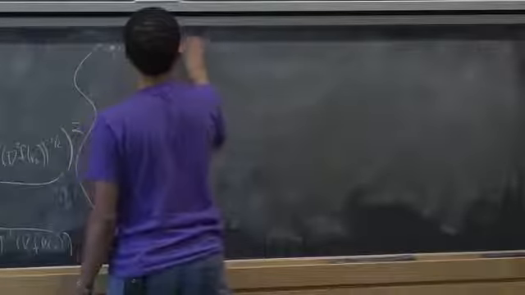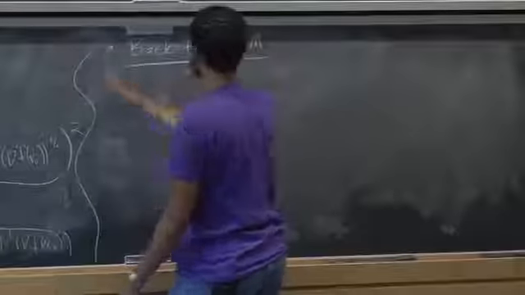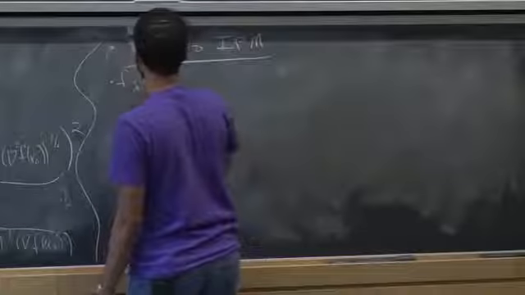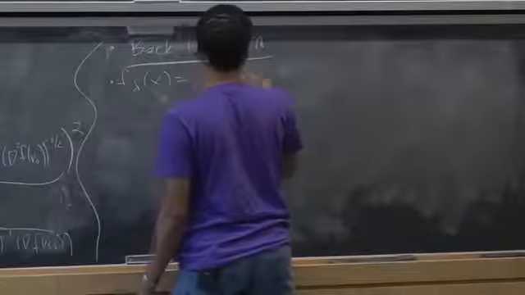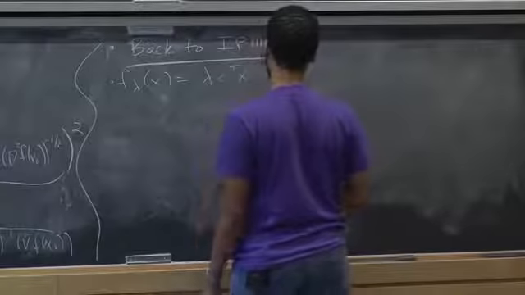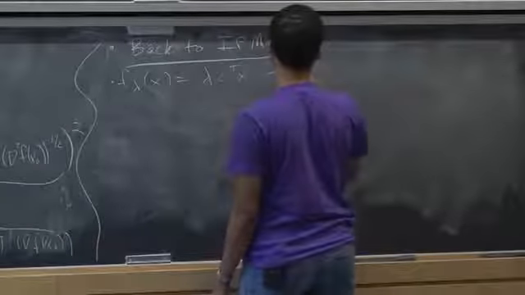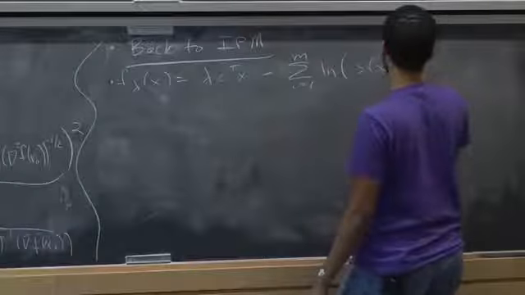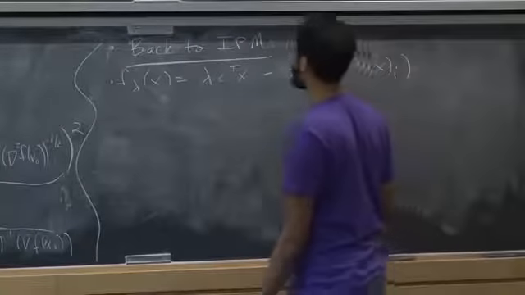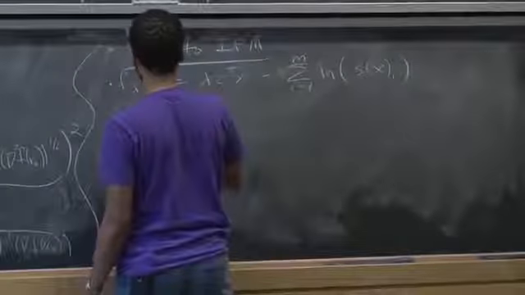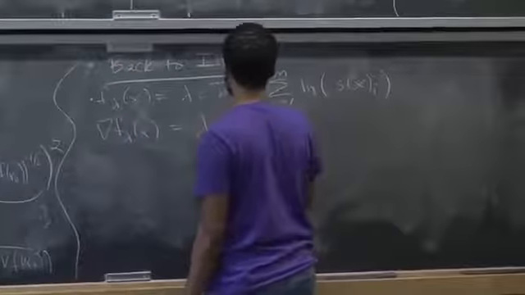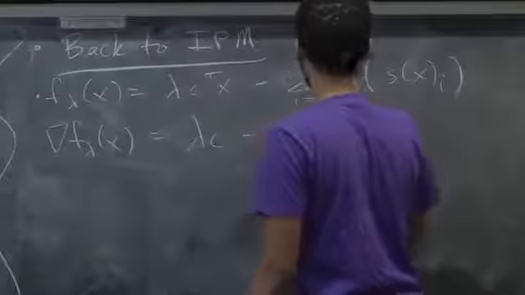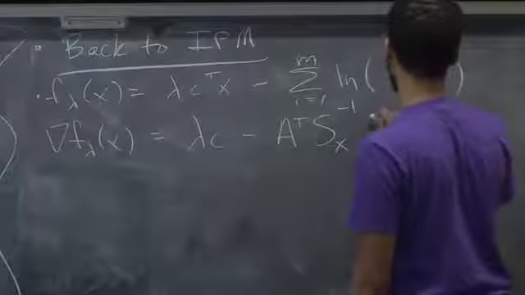So we have our function f lambda of x defined to be lambda c transpose x minus the sum i from 1 to m of ln of the slack. If you do some calculation, this tells you that the gradient of f lambda at x is equal to lambda c minus A transpose the slack matrix at x inverse times the all ones vector.